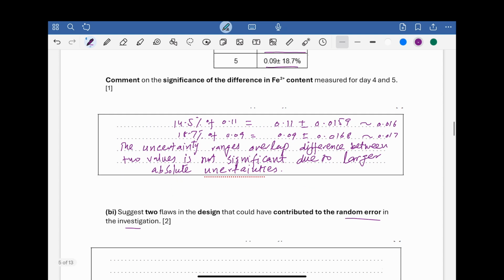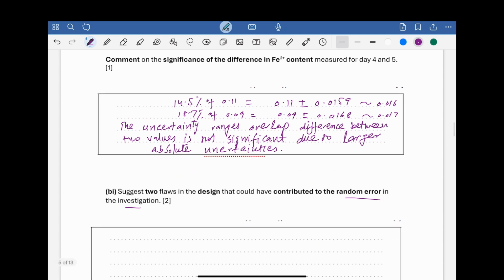Or we can say no difference, and uncertainties larger than the difference.